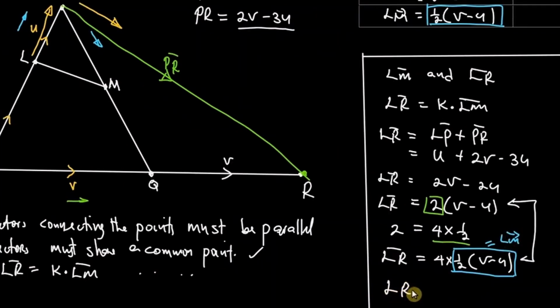So LR is simply 4 times the vector LM. And that is the necessary and sufficient condition for my proof that the two vectors are related by a constant. And so these two vectors are parallel, so we can conclude that points L, M, and R are collinear.